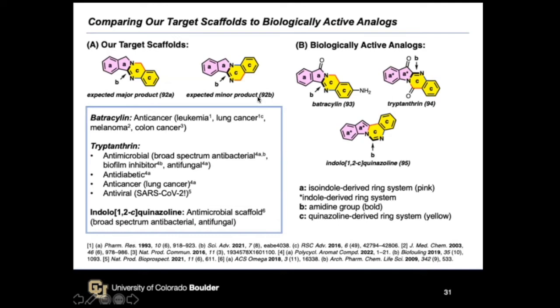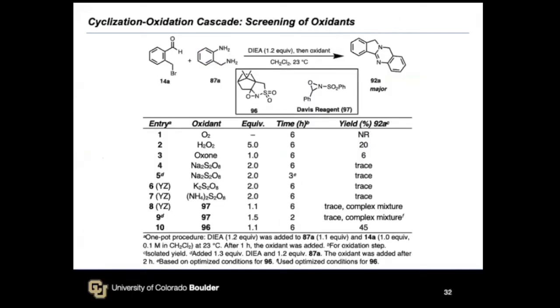These analogs have a slew of interesting biological activities, which you can see on the left, but most notably, tryptanthrin has activity against coronaviruses and shows promise as a potential antiviral for treating COVID. So to investigate our planned approach, we screened oxidants and we found that N-sulfonyl oxaziridine number 96 worked the best.